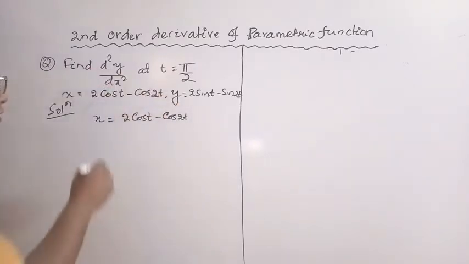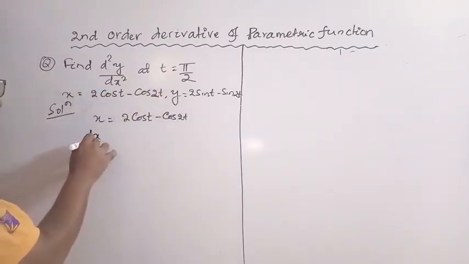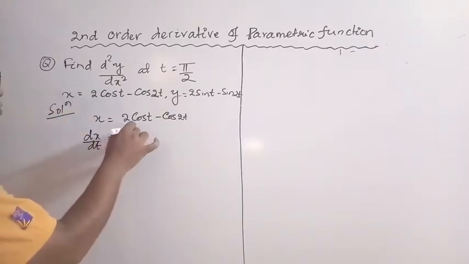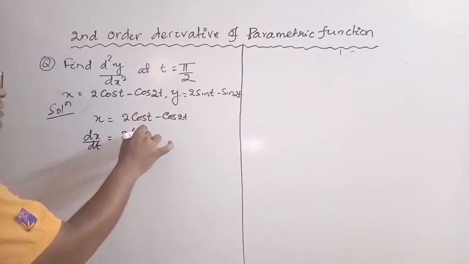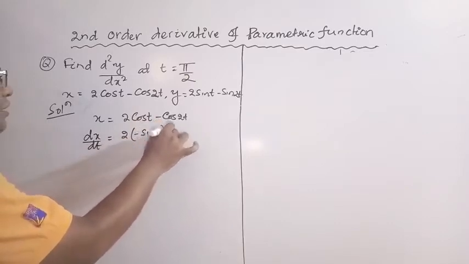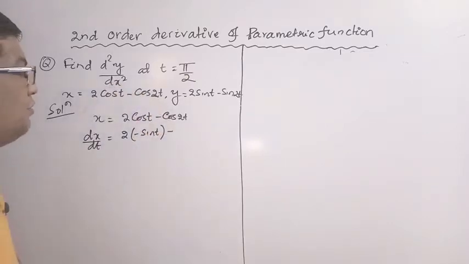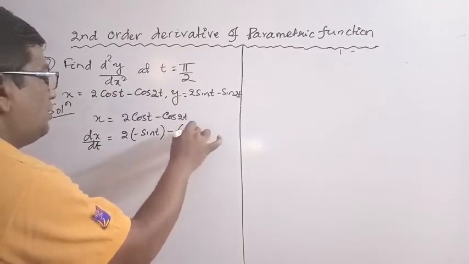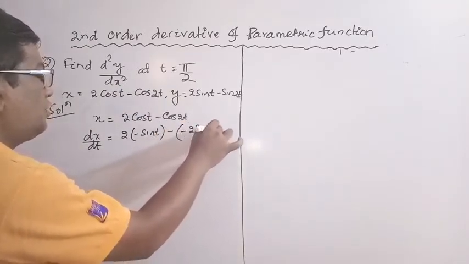Now dx by dt, the parameter here is t. The derivative of cos t means minus sin t, and the minus sign here. What is the derivative of cos 2t? The derivative of cos 2t is equal to minus 2 sin 2t.